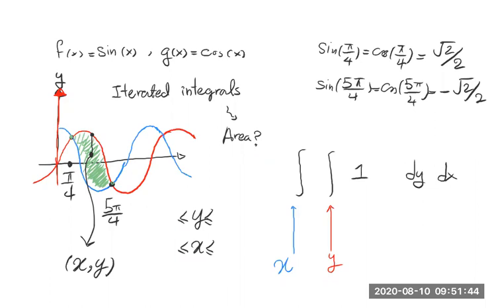So the y coordinate of any point there is less than sine of x, because that red graph is sine of x. And any point in this green region is above the blue graph, which is cosine of x. So y is between cosine of x and sine of x. Okay, what about x? What are the bounds for x?